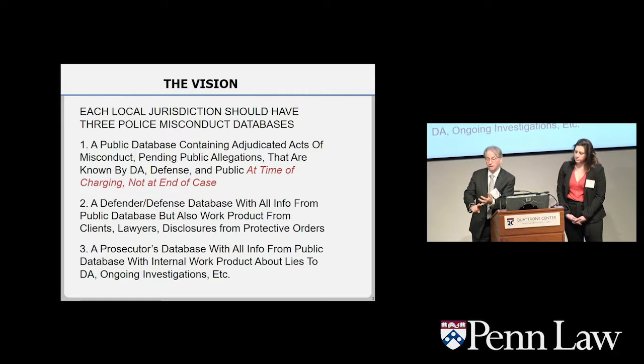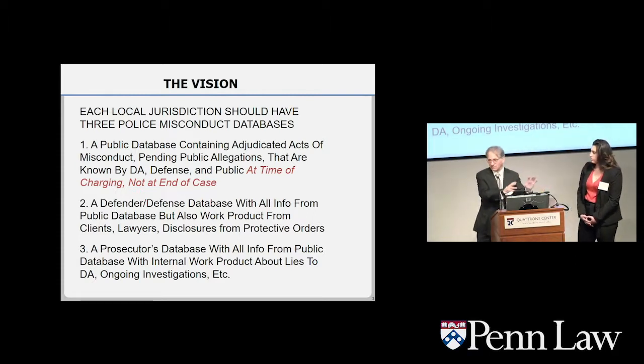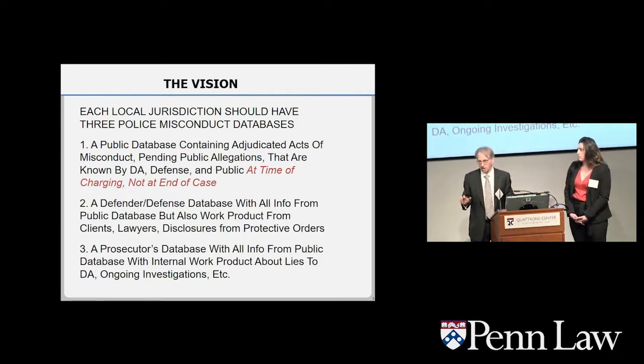Not too long ago, they filed a case called Kalven versus the City of Chicago that entitled them to go back and look at 25 years of police misconduct data in the city of Chicago, and they put together a public database only about adjudicated acts of misconduct in the city of Chicago.